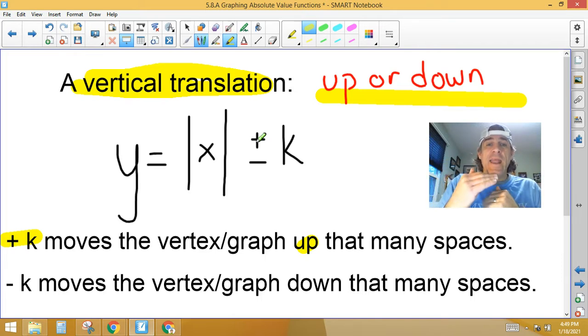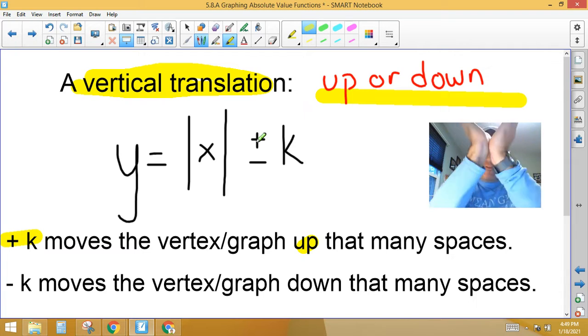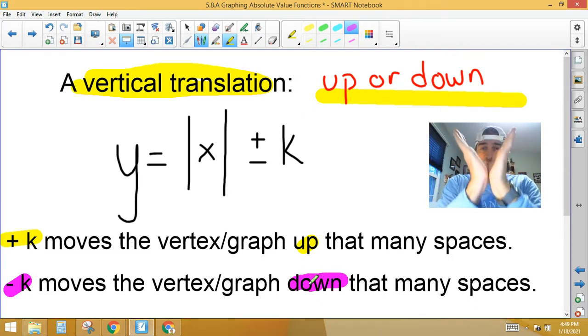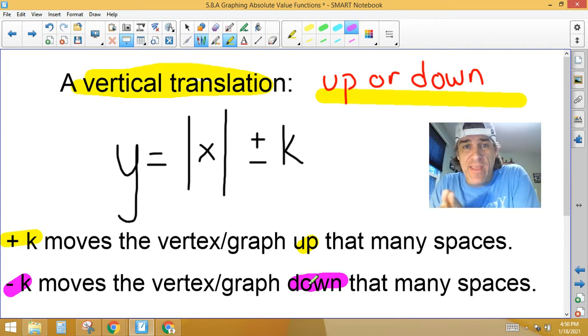If you add it, it goes up. The vertex moves up that many spaces. And if it's minus k, the vertex moves down that many spaces. So if it's plus or minus on the outside of the absolute value, it moves up or down.